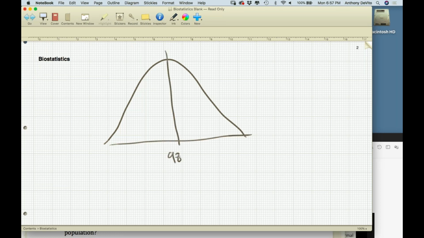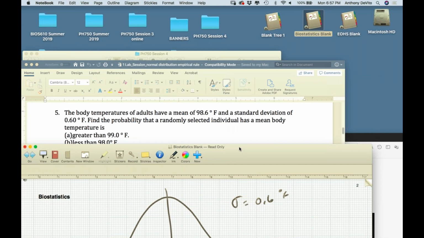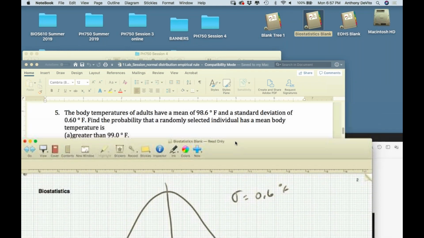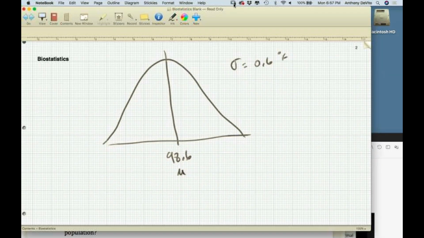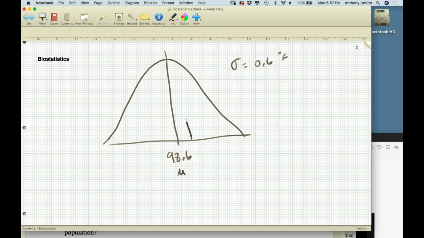Okay, 98.6 is the average, mu. Standard deviation is 0.6 degrees Fahrenheit, right? And we're interested in what percentage of the population, or what's the probability that a randomly selected individual is greater than 99 degrees. Okay, so there's 99 degrees.